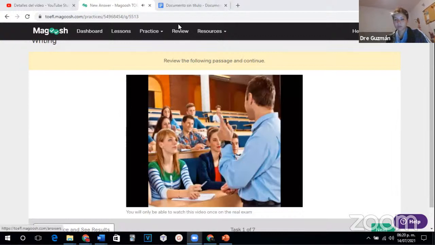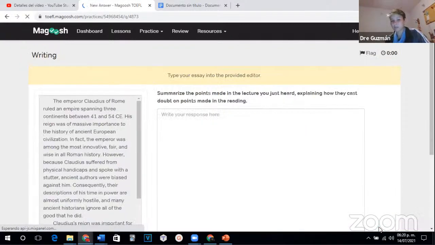Summarize the points made in the lecture you just heard, explaining how they cast doubt on points made in the reading passage. Okay, that's the question. ¿Alguna pregunta sobre la pregunta about the lecture? Anything that wasn't clear? Okay, in case you want the question again, it's here, aquí está en pantalla.